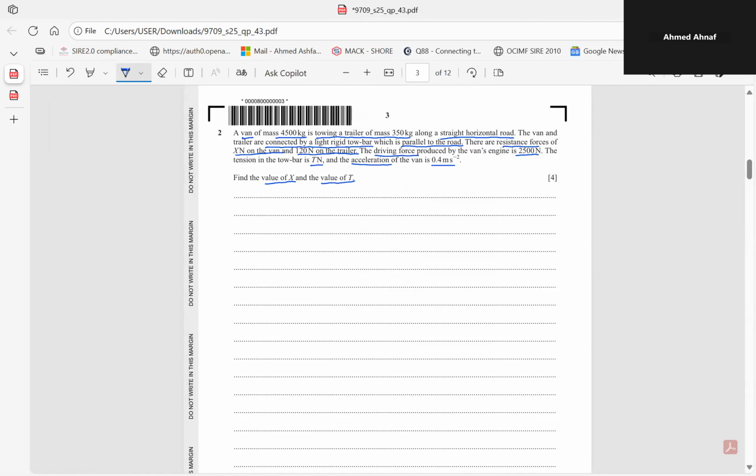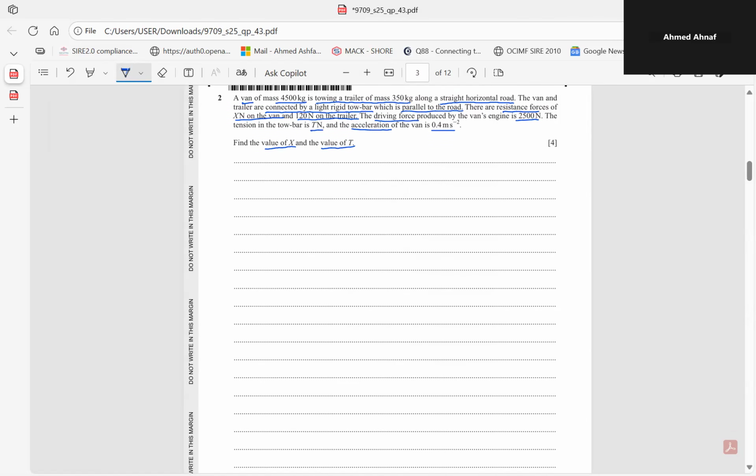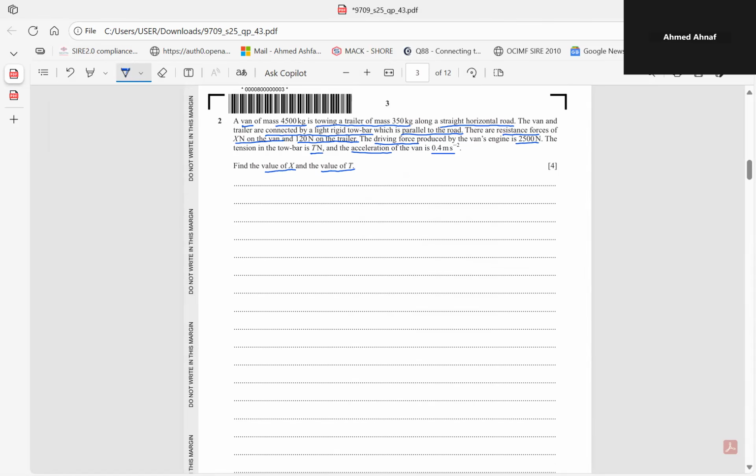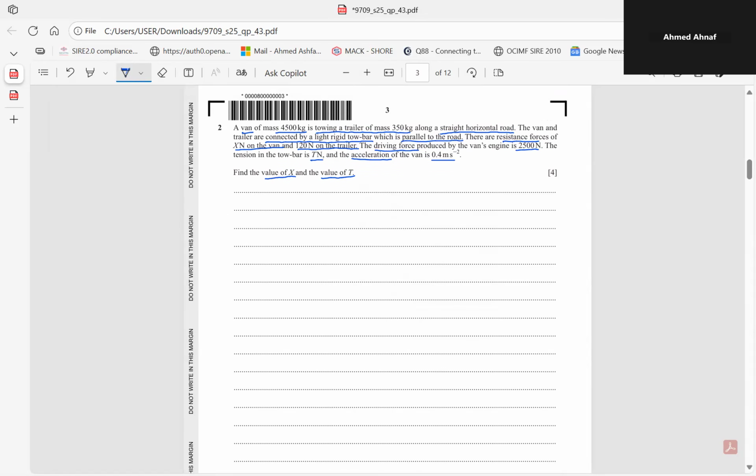Okay, so to do this question, let's draw a diagram for us to visualize all this information they gave here. I'm going to represent the van using a box, this is the tow bar, and then this would be the trailer.